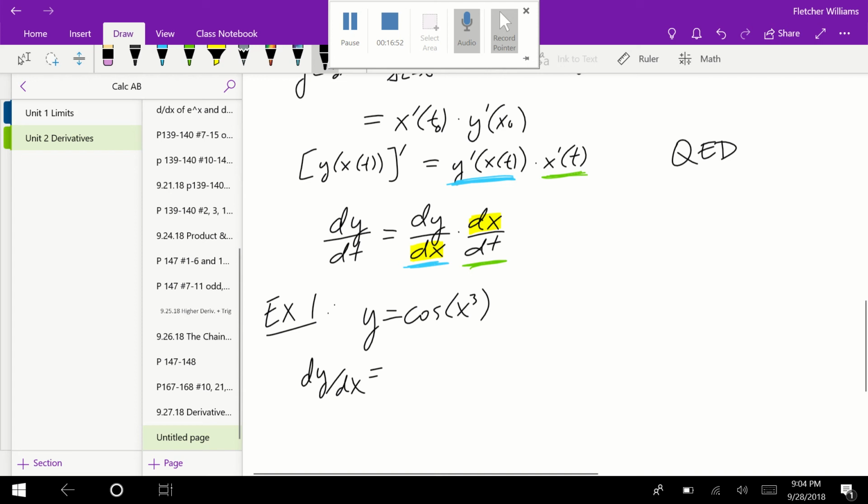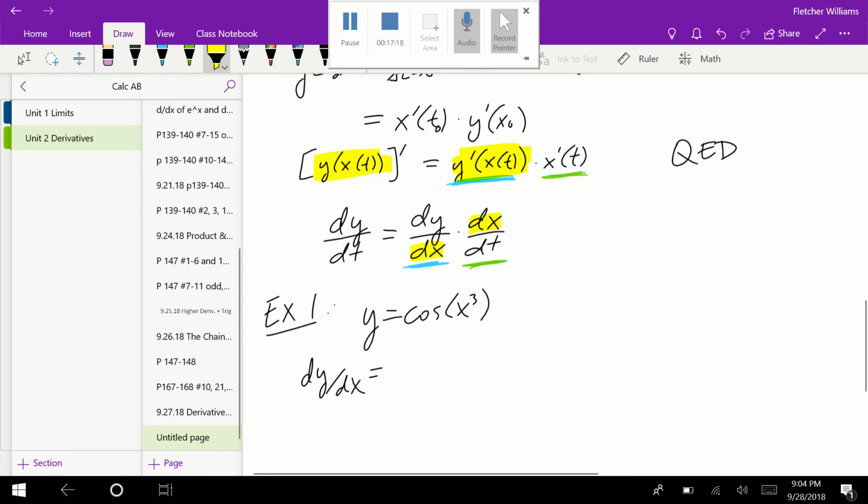According to the chain rule, I take the derivative of the outside function. So if you look back, it says it's y prime of x of t. So the inside stays the same, right? Before, you were taking the derivative of y of x of t. Now it's just y prime with still the same inside.